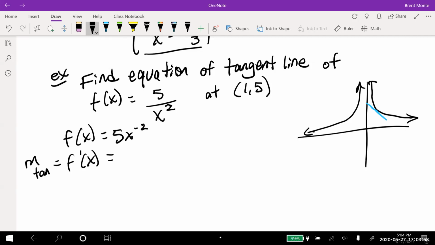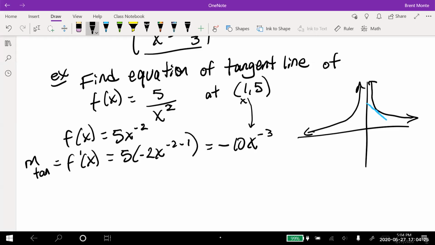That derivative is 5 times negative 2x to the negative 2 minus 1, or negative 10x to the negative 3. That's my equation for the slope. So now I've got an x value, right there, which is 1. I'm going to plug that 1 in right here.